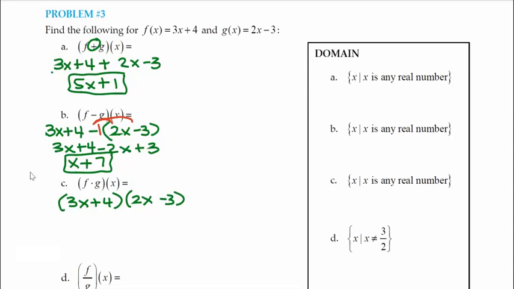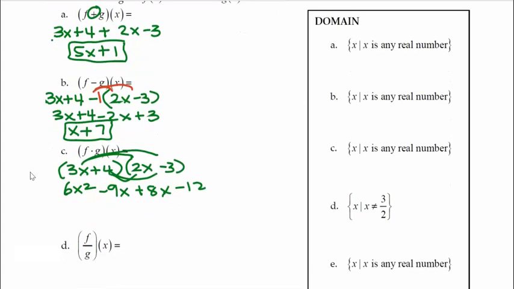So when I do this FOIL, I get 6x squared, and then minus 9x plus 8x, and then minus 12. Then I can combine those like terms in the middle. So 6x squared minus x minus 12. And that's what I'd be left with for my answer.